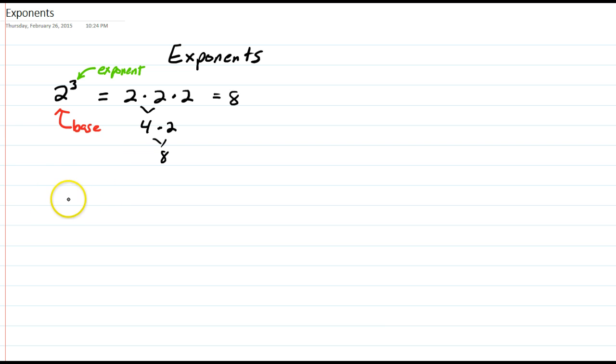So what we're going to do is look at some properties or rules of exponents, and we're going to start by taking this 2 to the third that we know is 8, and now let's look at 2 to the second, or 2 squared. So 2 times 2 is 4, and now we'll look at 2 to the 1.